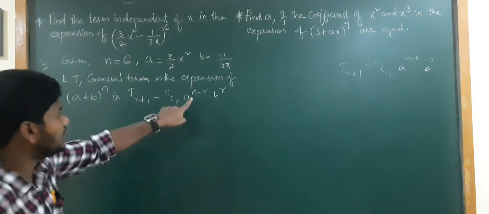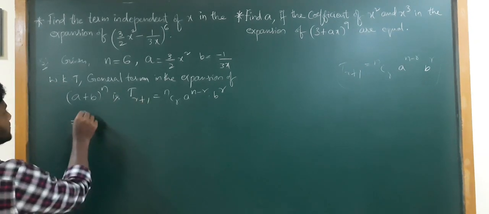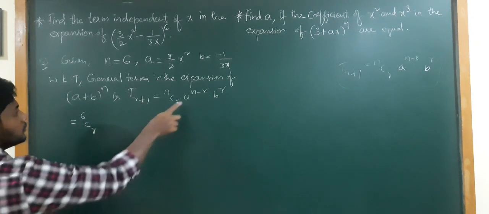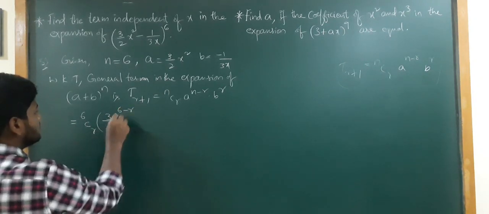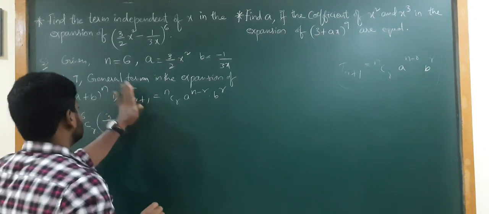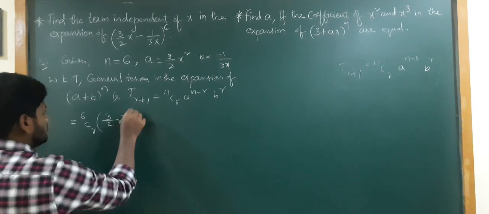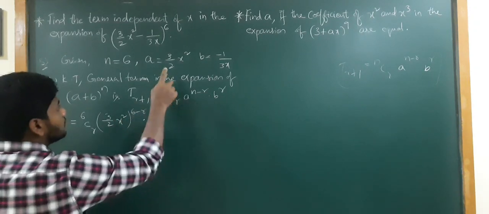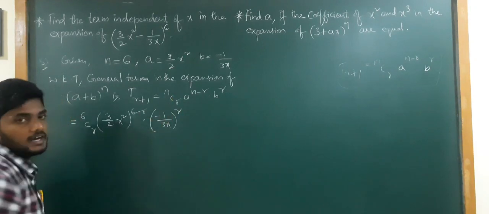Now we will replace the n value, a value and b value here. n is 6, so 6Cr into, a is 3/2 x^2, whole to the power of 6 minus r, into b to the power of r, where b is minus 1/(3x), whole to the power of r.